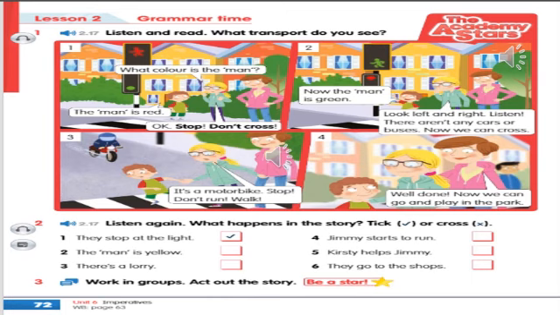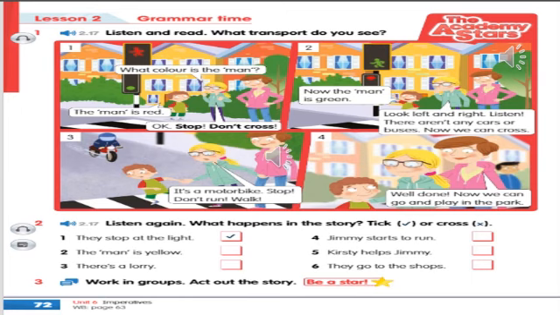Number 2. Now the man is green. Look left and right. Listen. There aren't any cars or buses. Now we can cross. Okay, look at the picture very carefully, my lovely students. Can you see the man?